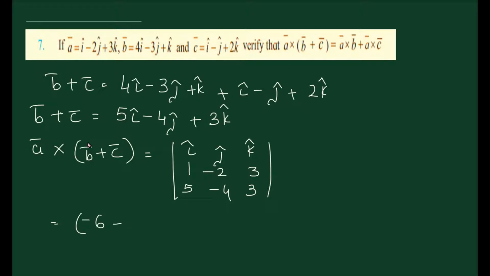So we get minus 6 plus 12i, minus, in this case it is 3 minus 15j, plus the last term, that is minus 4 plus 10k.